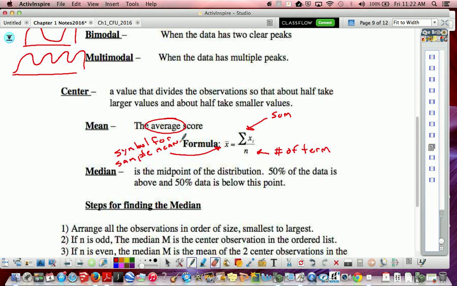Median is the midpoint of the distribution. 50% of the data is above and 50% of the data is below. So if this is our distribution, the median is located where 50% of the scores are below it and 50% of the scores are above it.